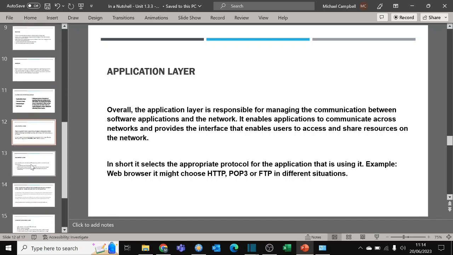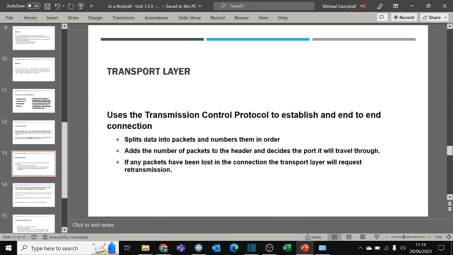The transport layer is the thing that splits the data into packets and numbers them in order. It's the one that adds the packets to the header and decides the port it will travel through. We'll talk about what the port means. A port basically allows the computer at the other end to know which program this data is supposed to go to. So, for example, web pages use port 80.